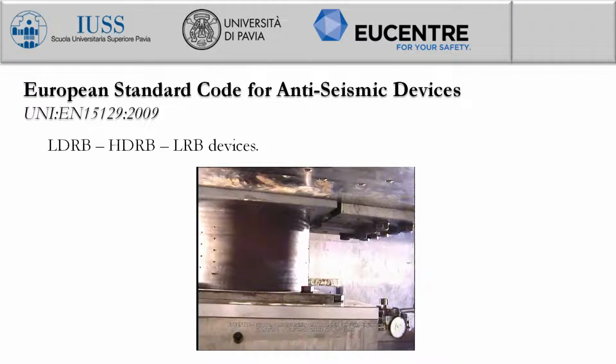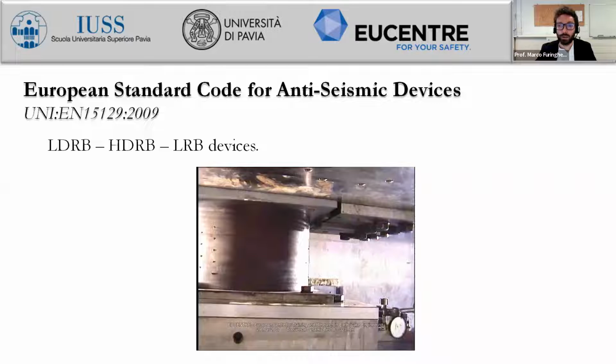Perfect, thank you. You're welcome. But generally all the devices which have to be tested, which are a portion of the total amount of devices which have to be installed, have to pass all these checks.